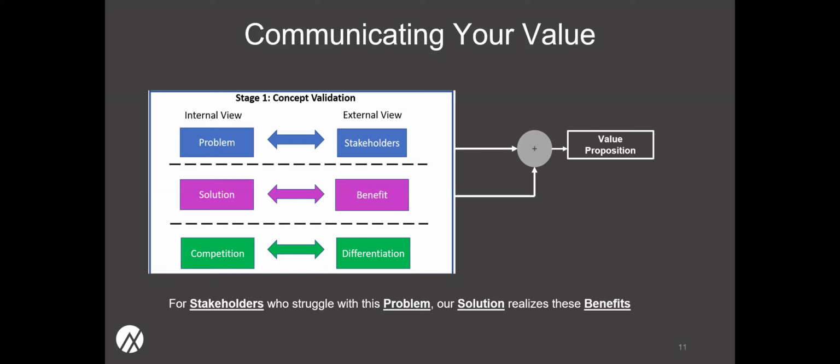For stakeholders who struggle with this problem, our solution realizes these benefits. Now you could juice that up, you can make it fancier, but that's the essence of it, right? Those four things hit your value proposition. Later on, when you put the value proposition in the context of competition and how you're different, you have a positioning statement. So this very simple canvas actually gives us a lot of power to think very clearly about some important concepts about our business.